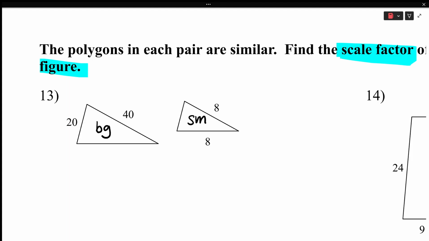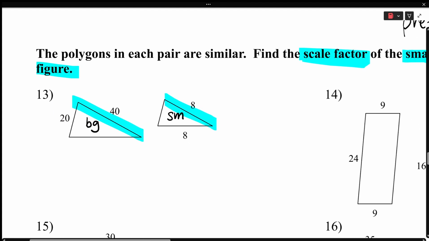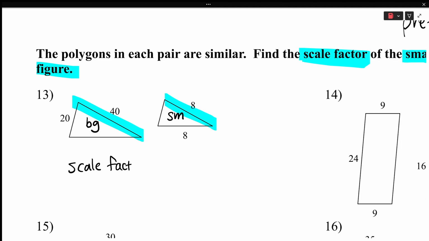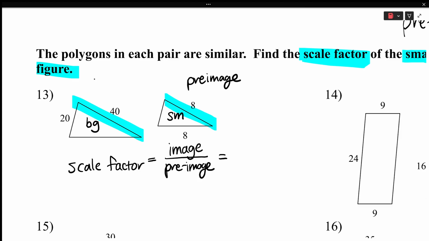I'm going to take corresponding sides from the smaller figure and the bigger figure to get our scale factor. Scale factor is always equal to one side from the image over the corresponding side from the pre-image. So again, smaller is pre-image, and bigger is image.